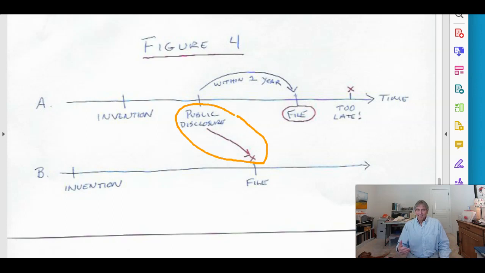And the answer in the United States is that you can still get a valid patent as long as you file the patent application within 1 year of your public disclosure. That's what this part is showing. It's called a grace period because by the grace of the law, you are given a year to file after your disclosure, something others would not receive.